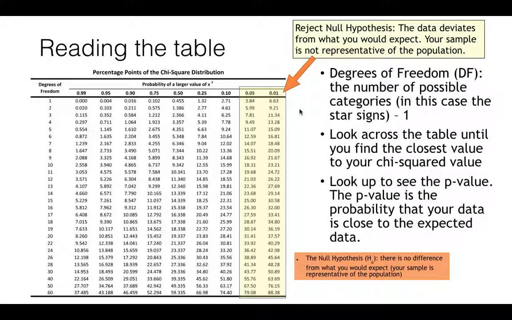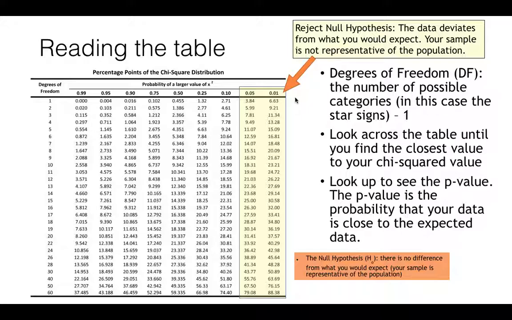So any of those differences between the sample that you've collected and what you'd expect from the population must be due to something else. There must be a significant difference between your sample and the population.